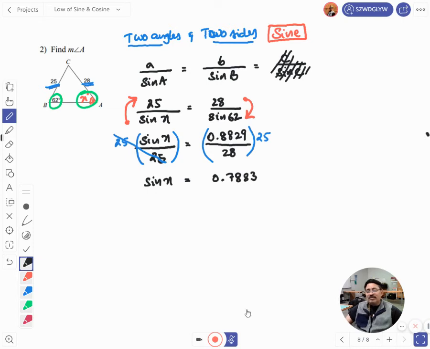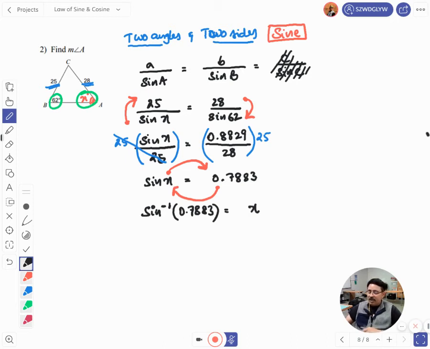In my previous class I mentioned that if you are trying to figure out an angle, and you move the number to the other side, you have to take the inverse. Sine inverse 0.7883 equals x. That means we are trying to find the value of x, which is an angle.